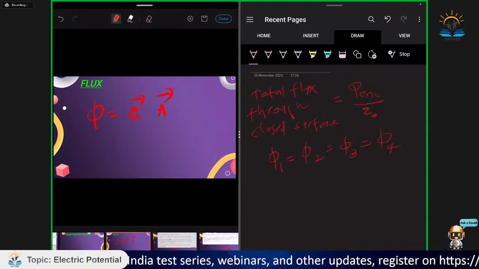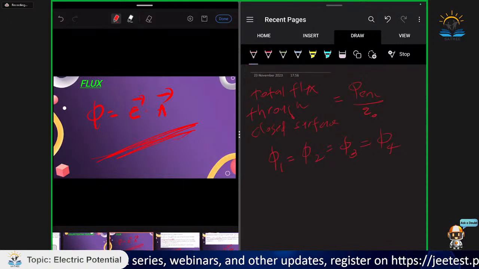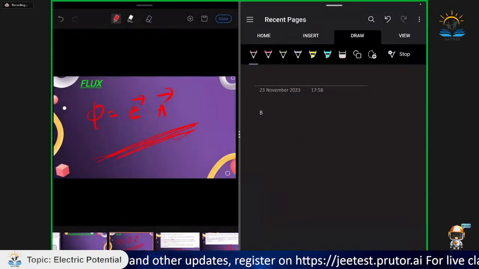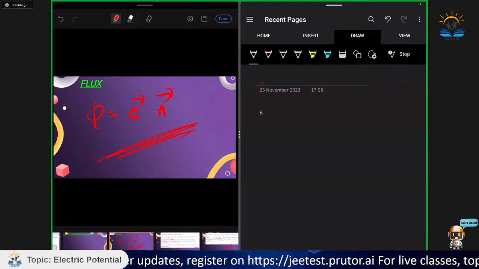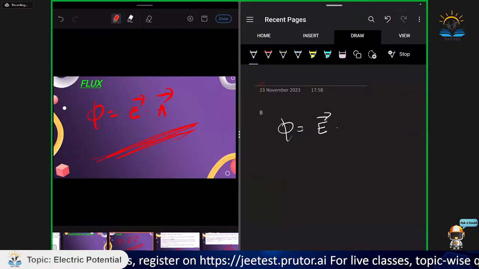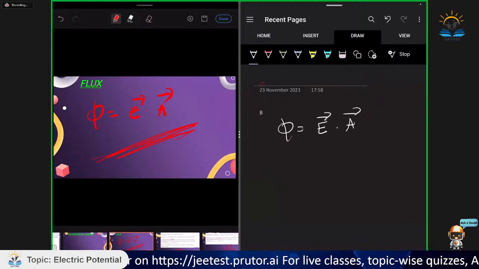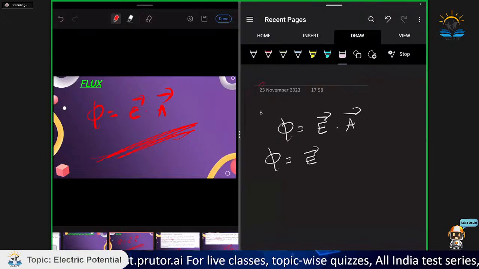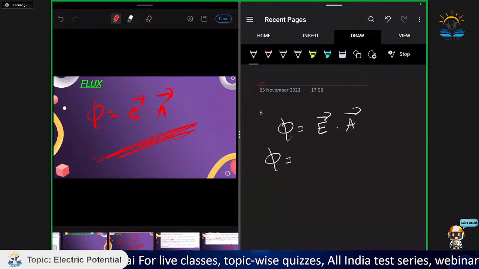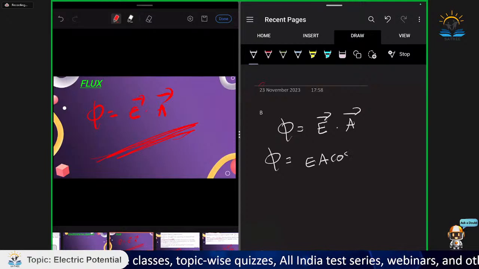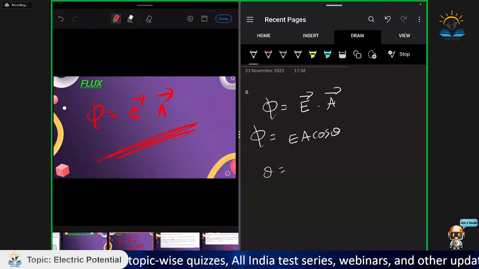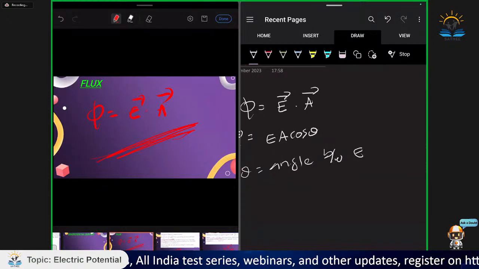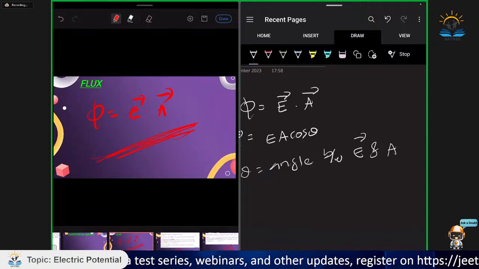Any doubt? Flux is equal to E dot A, which is EA cos theta, where theta is the angle between the electric field and the area vector.